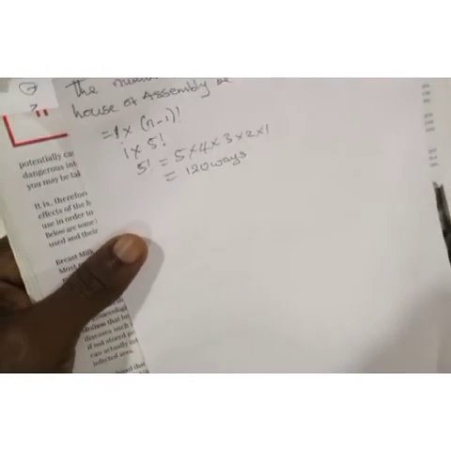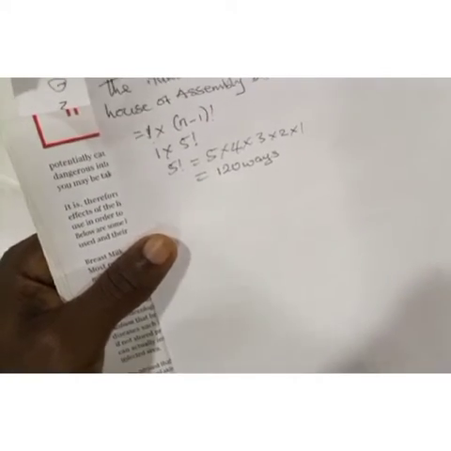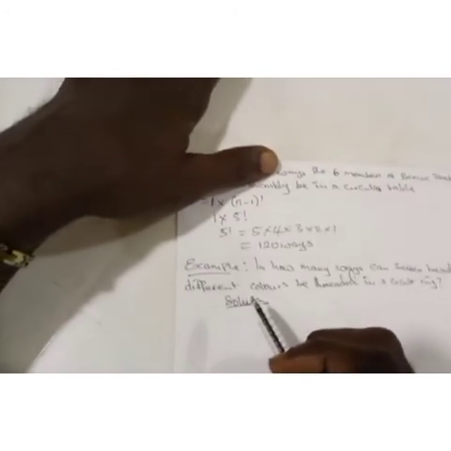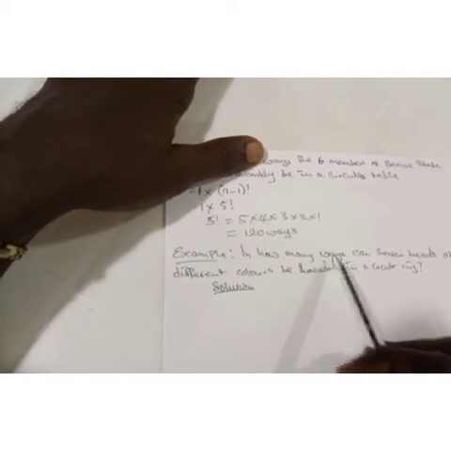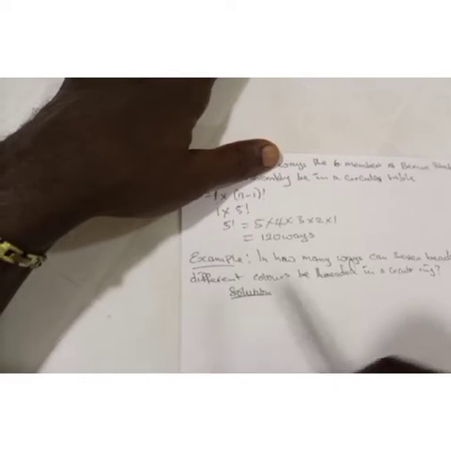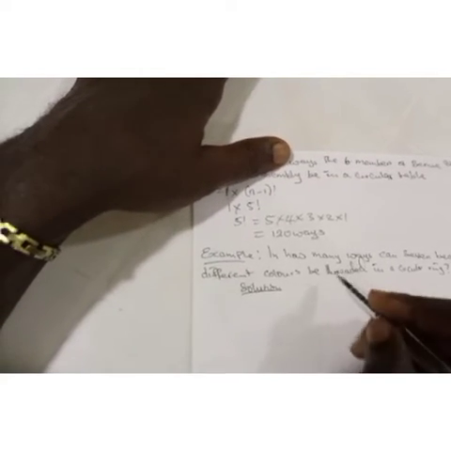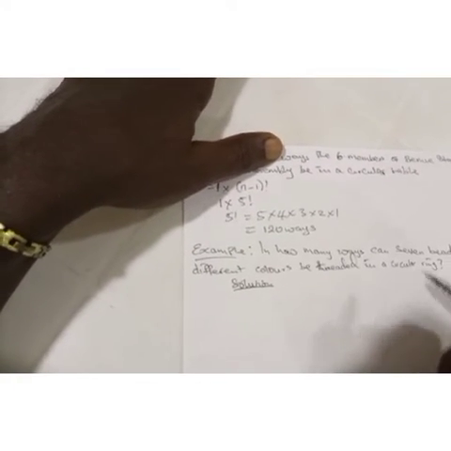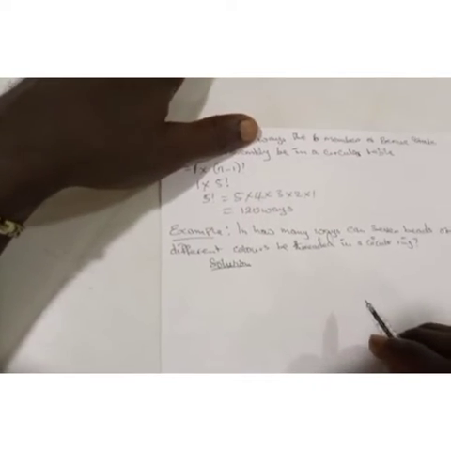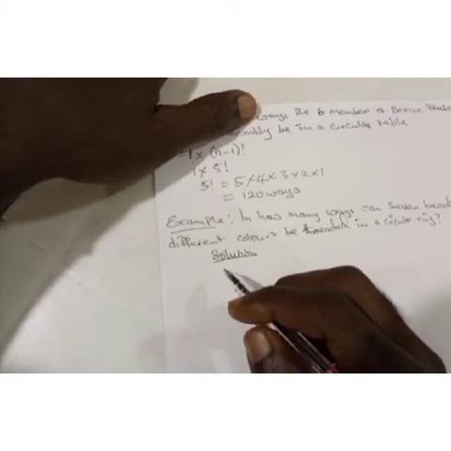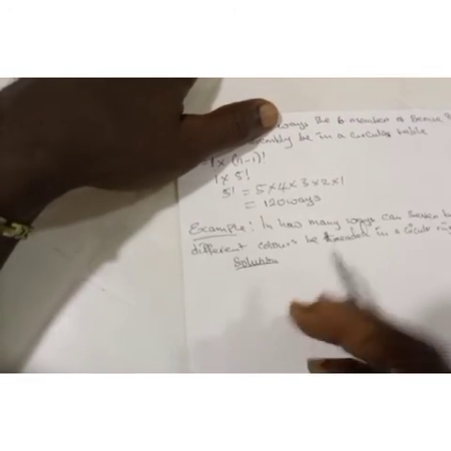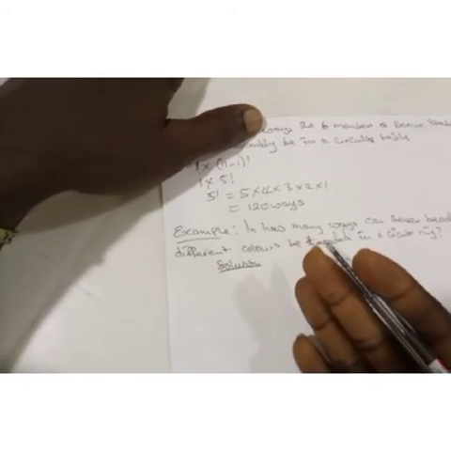We can look at many other examples, but this one is very important. In how many ways can 7 beads of different colors be threaded in a circular ring? Solution: this is a cyclic permutation, as you all know.